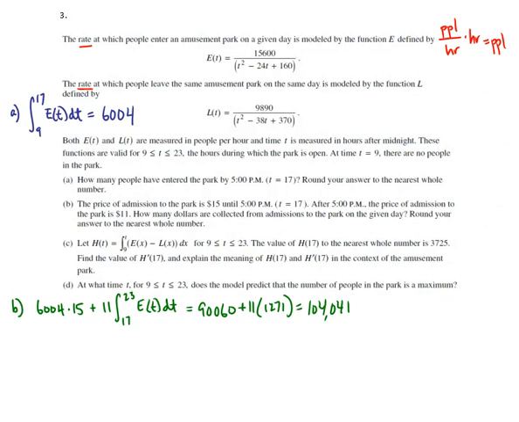And that does it for part B. So we had the price from 9 to 5 and then from 5 to 11 in the evening.